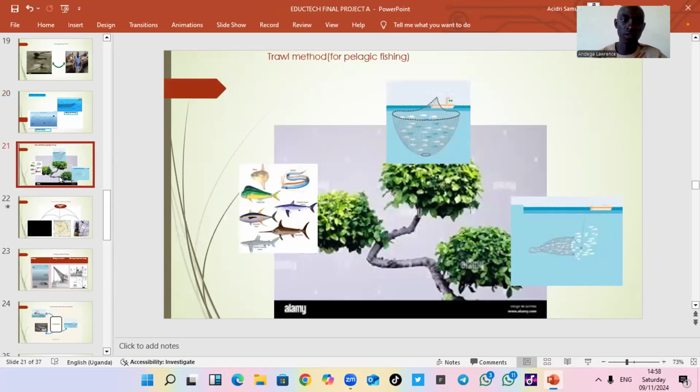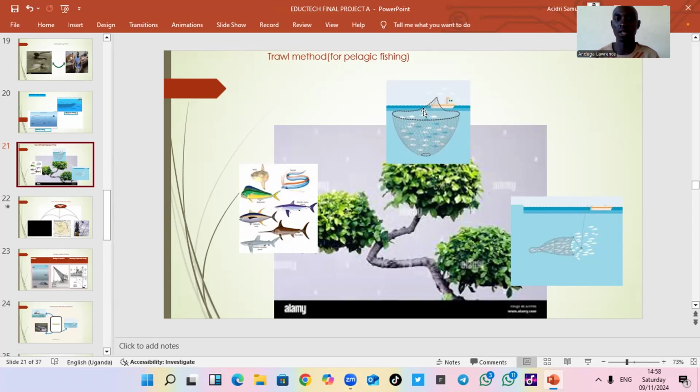So another visual aid that we can use is the trawl method. And trawl method in East Africa is basically for pelagic fishing. This is where there are enclosed nets, whereby the enclosed nets are attached to a boat or a vessel on a water body, and it is laid inside the water.